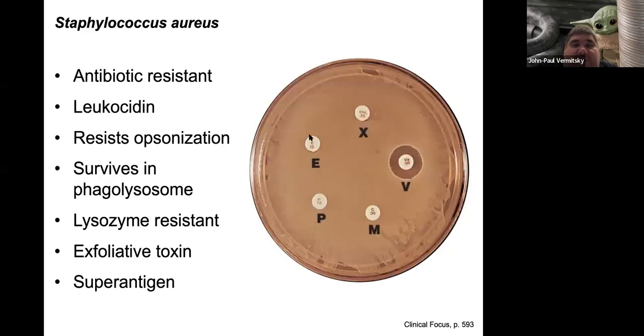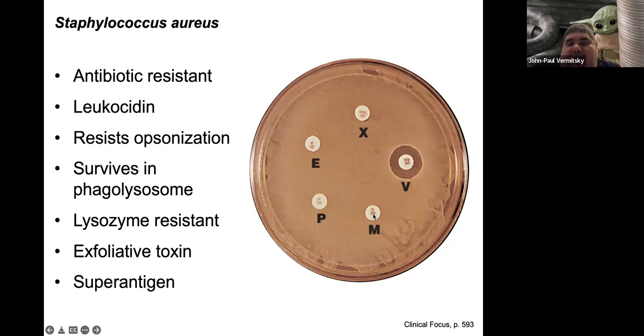As you can see here, this is an antibiotic test. Essentially what we did here was we took a strain of staph, took a swab of it, and plated it all over the plate. We then applied these little white discs that are saturated with drug.